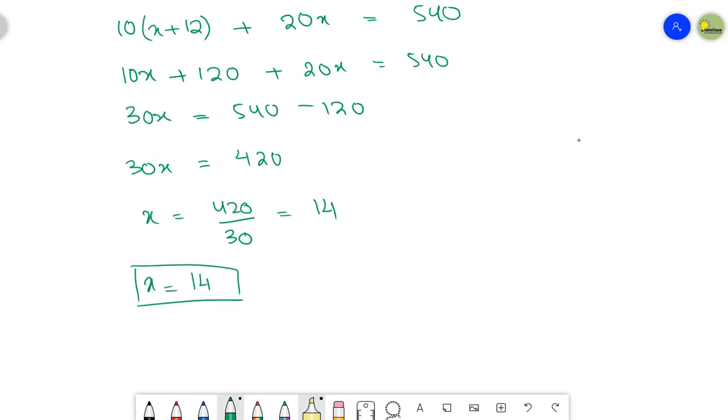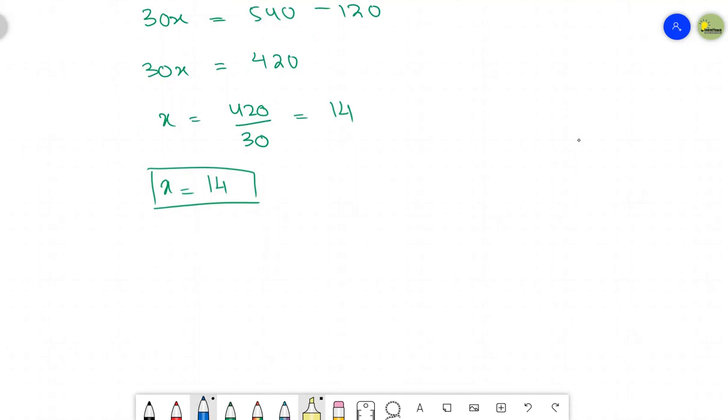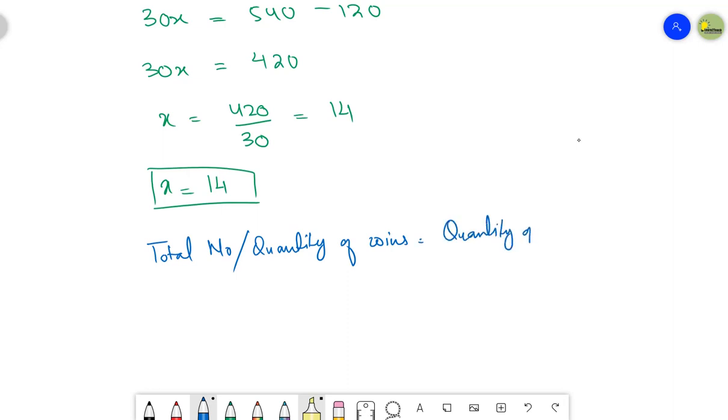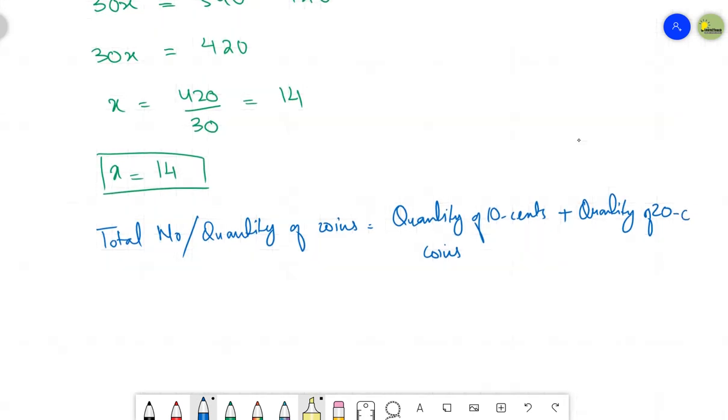Now let's calculate the total number of coins that he has. Total quantity of coins equals the quantity of 10-cent coins plus the quantity of 20-cent coins.